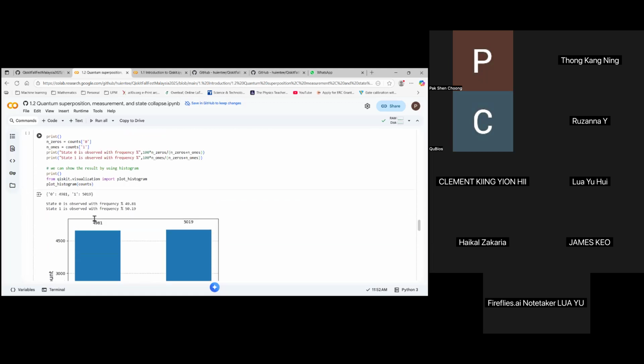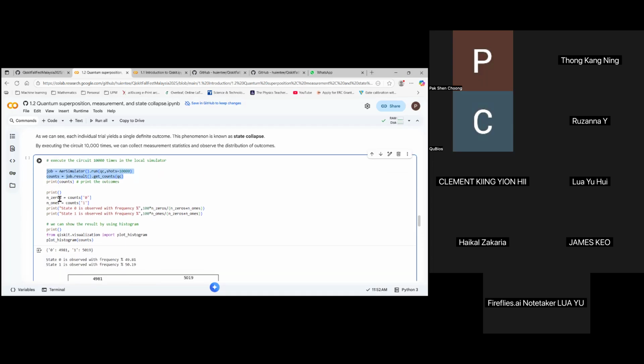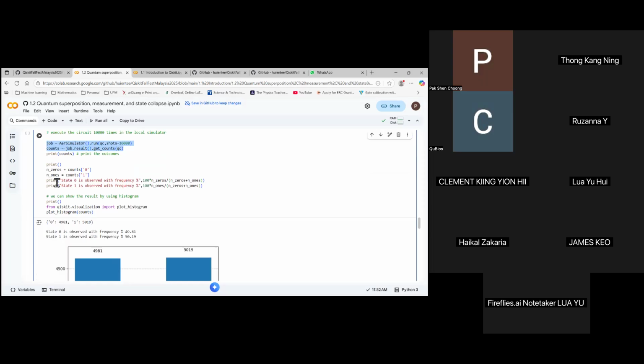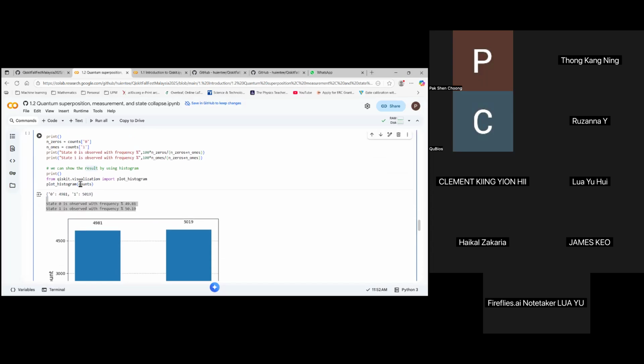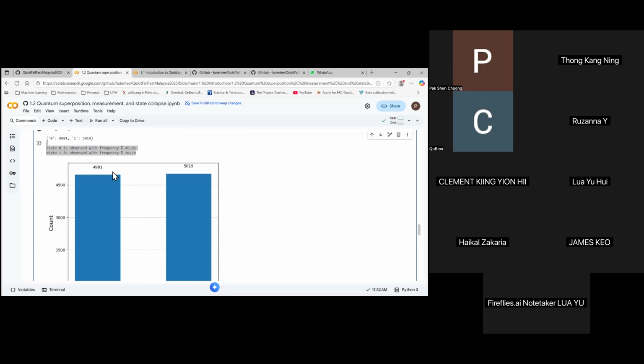Okay, now I try running it 10,000 times. Then it's still the same template to run on the simulator. And okay, so this is just syntax for me to print this all out. Then we have this visualization library to help us import the histogram, and then we print it out here.